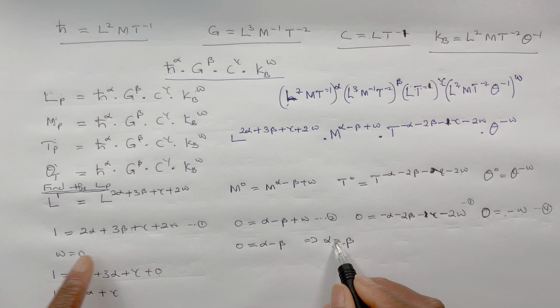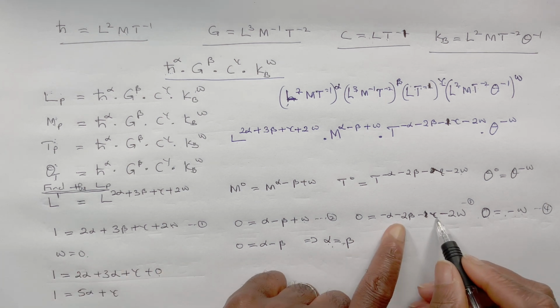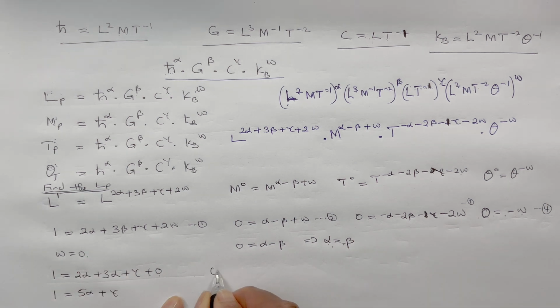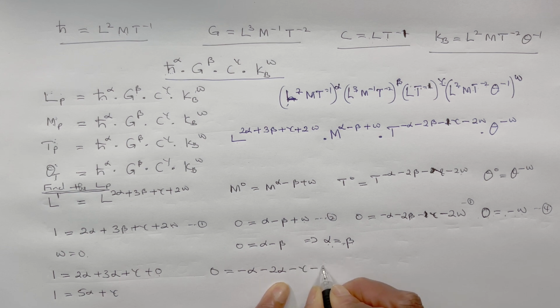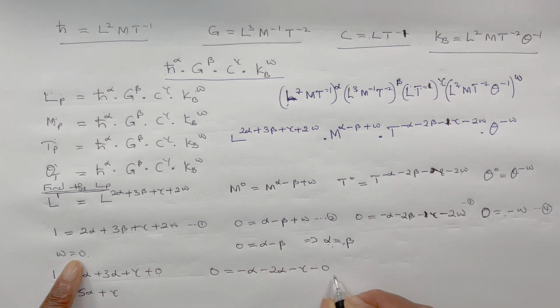I'm going to take this and put it here for that one as well. So I'm going to get 0 equals minus alpha minus 2 alpha, because alpha is beta, minus gamma minus 0. And so I'll simplify this as well. Then 0 equals minus 3 alpha minus gamma. That's equation 5 and equation 6.